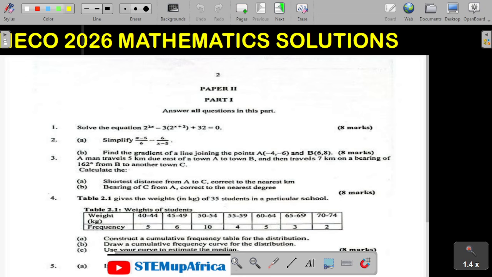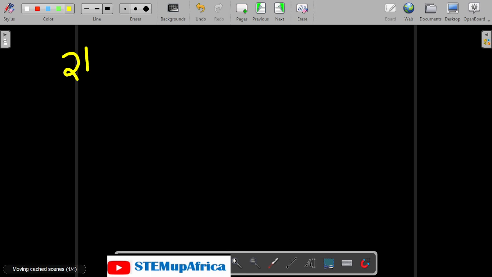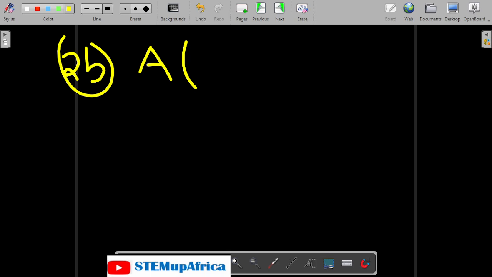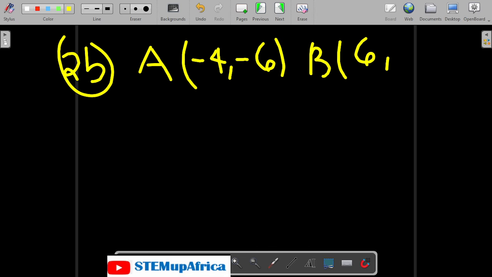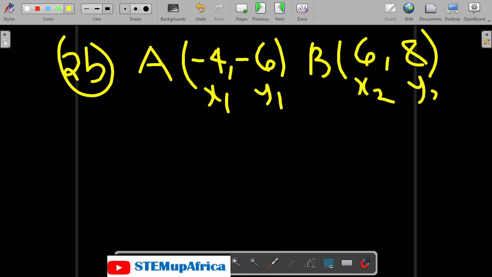2b says we should find the gradient of the line AB. Let's go to 2b. Point A is given to us as minus 4, minus 6. Point B is given to us as 6, 8. So I'll label here x1, y1, x2, y2.